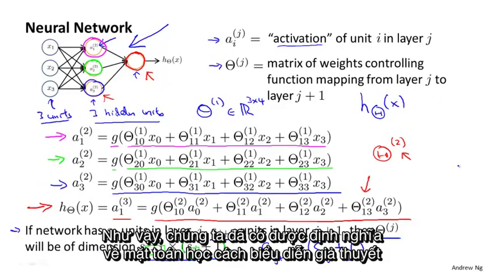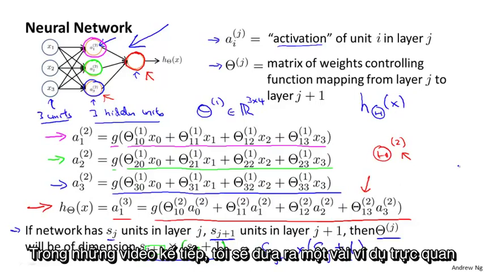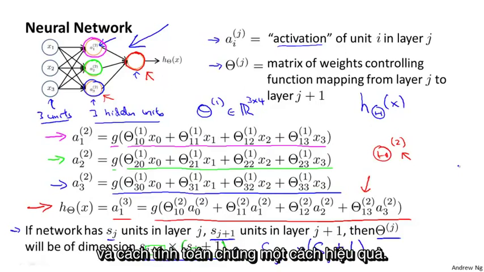So this gives us a mathematical definition of how to represent the hypothesis in a neural network. In the next few videos, I'd like to give you more intuition about what these hypothesis representations do, go through a few examples, and talk about how to compute them efficiently.